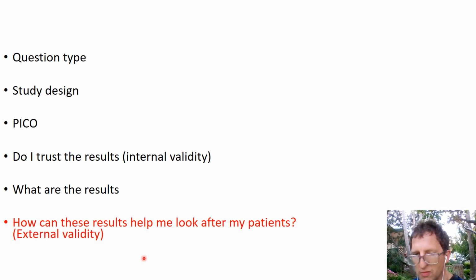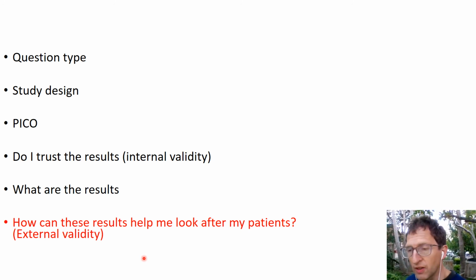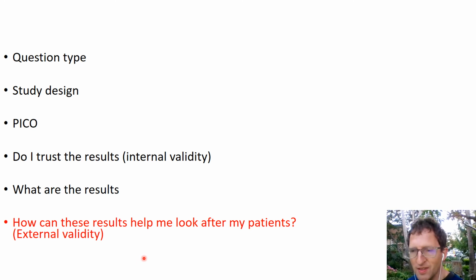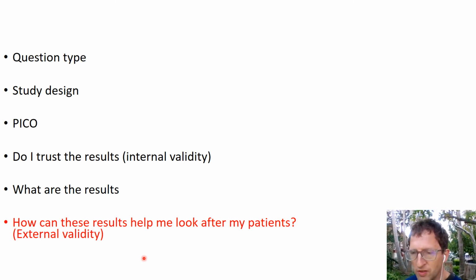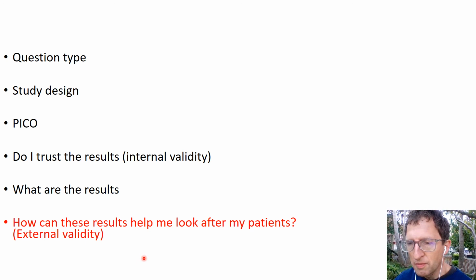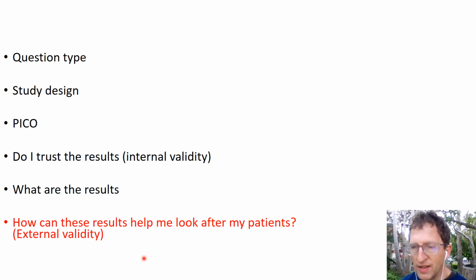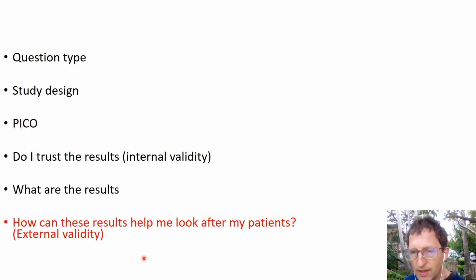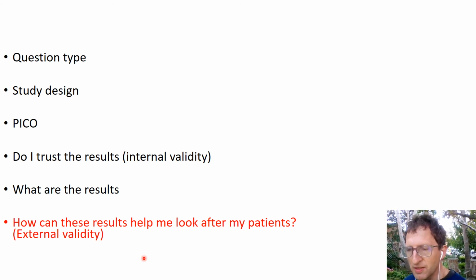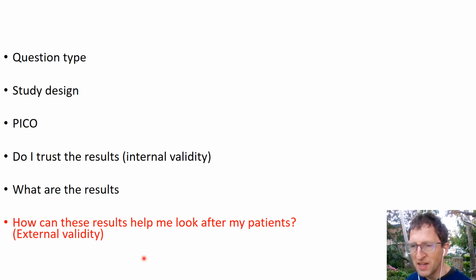What in basic terms is, how can these results help me look after my patients? In other words, the usefulness of these results to apply to patients outside, externally. And that's what we're going to look at in this next bit on Jack, who I've been calling James, but anyway, maybe that's his nickname, so I'm not going to go back and re-record these.